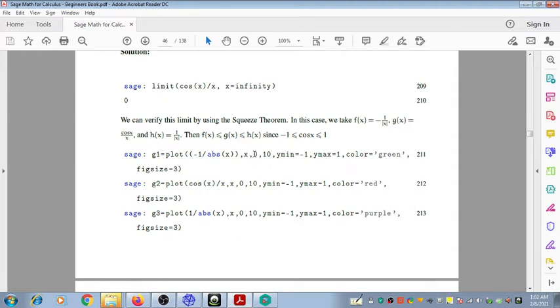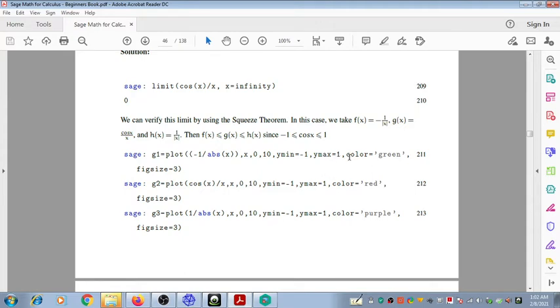This stands for the lower limit and upper limit of x. Between this limit, we are going to plot the curve of the function. The lower and upper values of y are given here: y minimum is -1 and y maximum is 1.